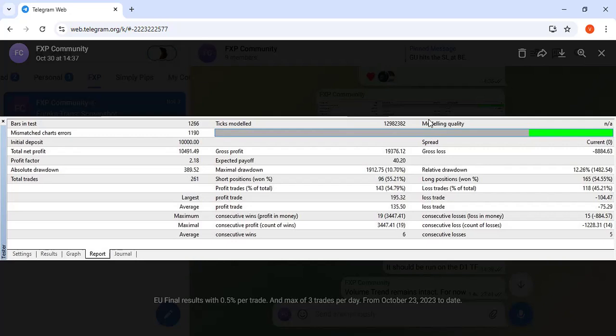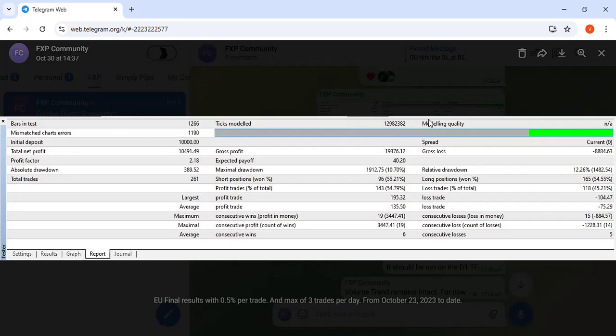The key thing that we want to actually look out for here, you probably want to be looking at the profit factor, which is something that determines the profitability of a strategy over time. For those who are also interested, it gives you an idea of what to expect.